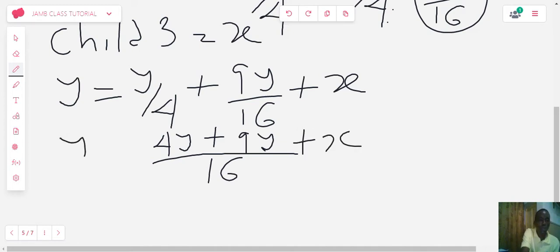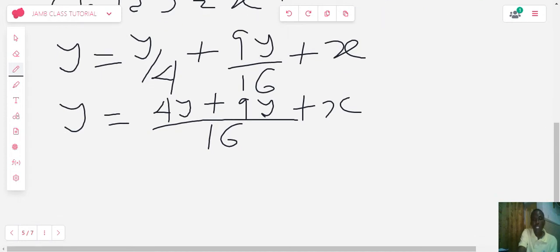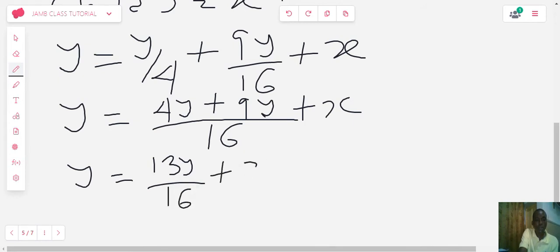And this will be y equal to this. So 4y plus 9y gives us y equal to 13y over 16 plus x. Remember, we are looking for the value of x.